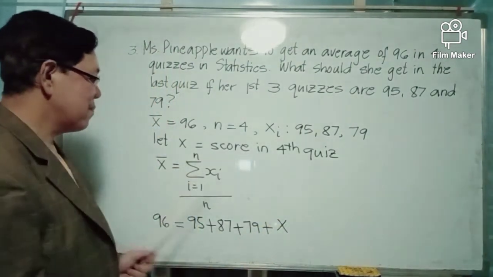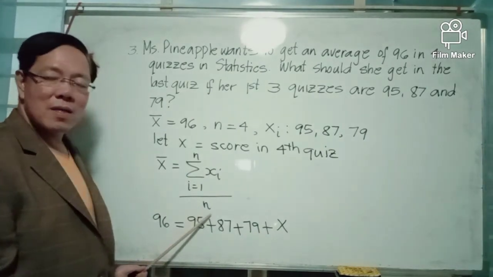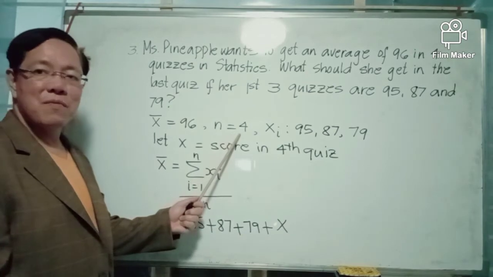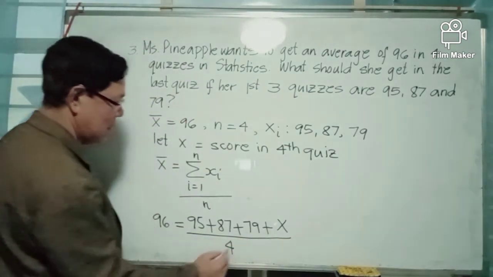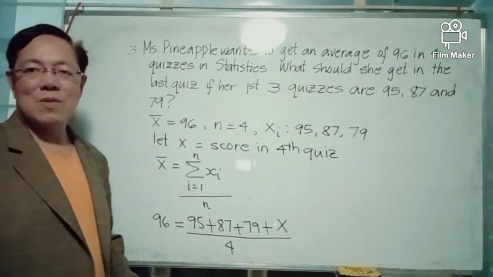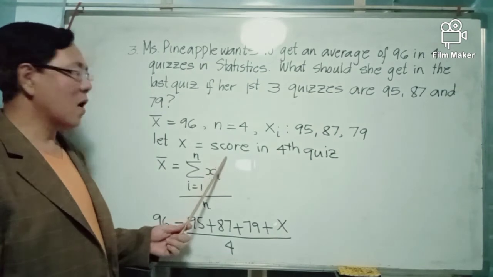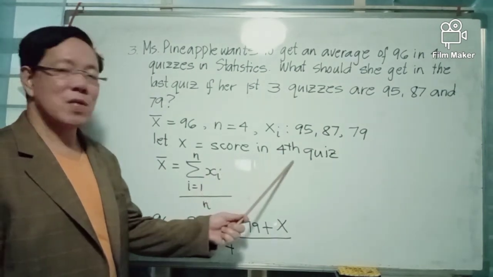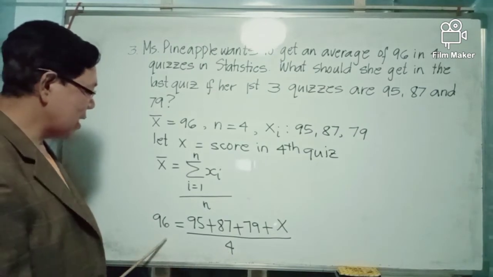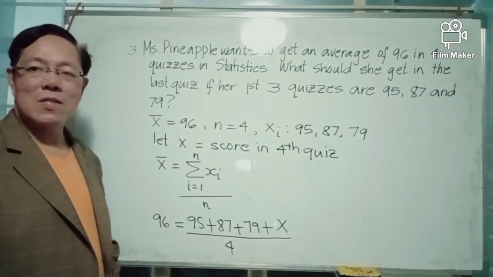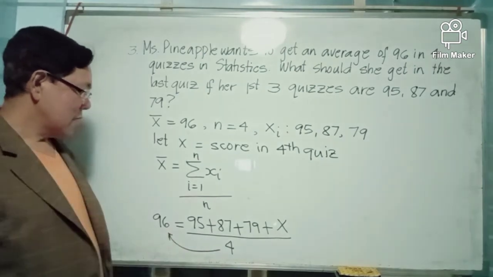And this sum of the 4 quizzes, we divide by the number of quizzes, 4. And from this equation, we can solve for the value of x, the score of Miss Pineapple in the fourth or last quiz. We multiply 4 by 96, or others would call that cross multiplication.